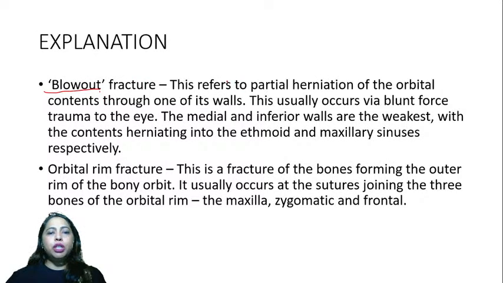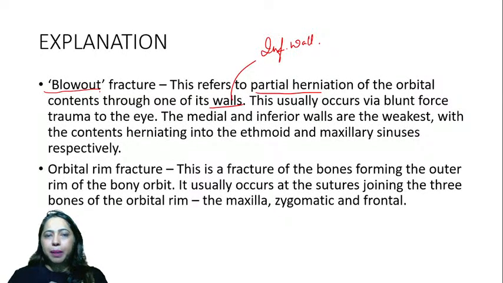So there is partial herniation of the orbital contents through this wall. Which wall? Through the inferior wall. So it could be because of blunt force that is applied on the eye, or it could be because of the weakest bone that is present. Inferior and the medial wall is very weak comparatively.